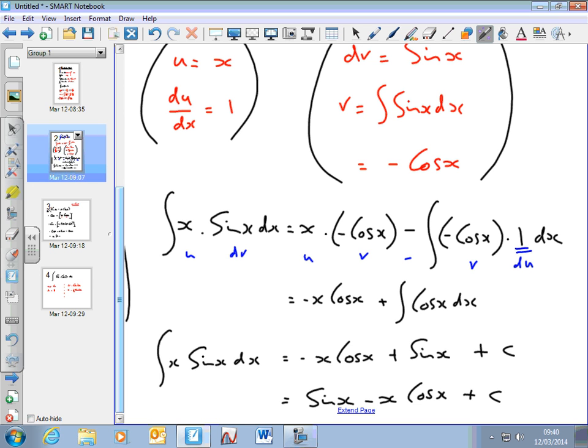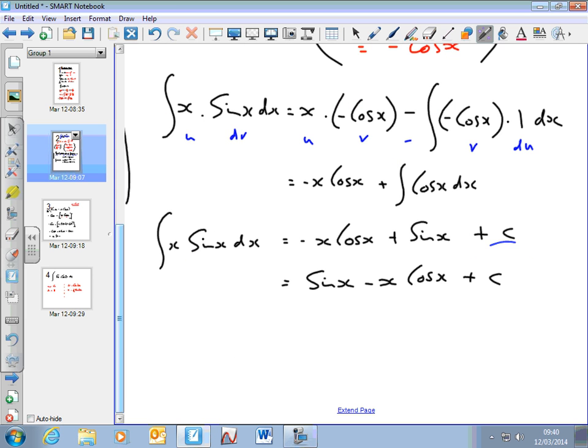So tidying up, it becomes minus x cos x, minus minus gives plus, the integral of cos x dx, which gives us minus x cos x plus sine x. And then at the very end, add the c. Finally, I will write this the other way around to put the positive term first, so that's our answer.